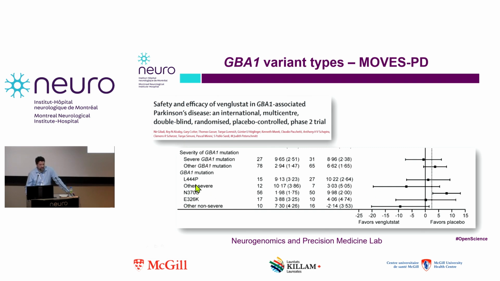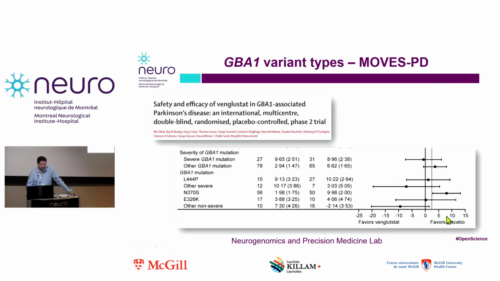The fact that venglustat had no effect on some mutation carriers, or maybe had some potentially good effect on some mutations, although we can't know for a fact because of the very large confidence intervals. But on N370S, they had a very deleterious effect.